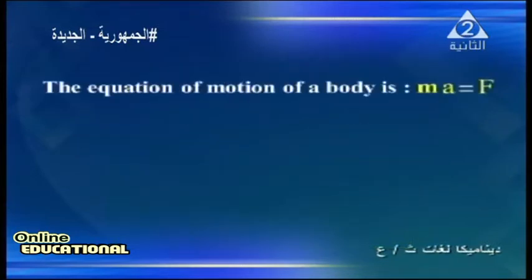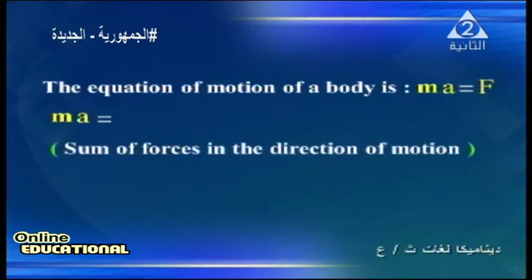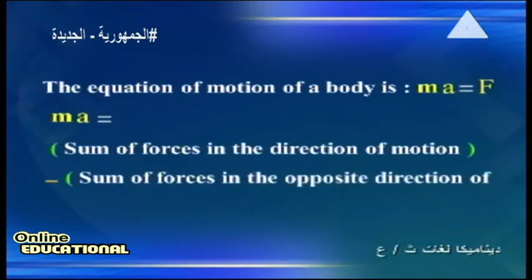The equation of motion of a body is ma equals F. Note that ma equals F. What is the meaning of F? F means the sum of forces in the direction of motion minus the sum of forces in the opposite direction of motion.